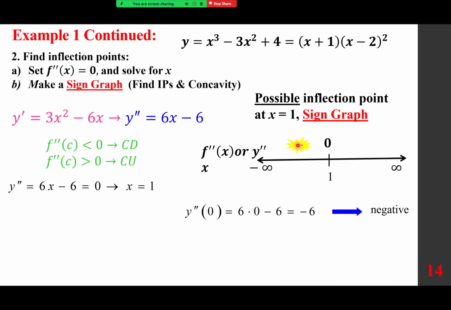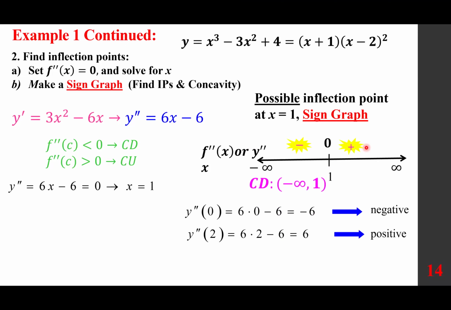If we plug in a test point to the right of 1, for example, number 2, we get 2 times 6 minus 6, which is positive 6. Positive means concave up. So negative means concave down from negative infinity to 1. Positive means concave up from 1 to infinity.